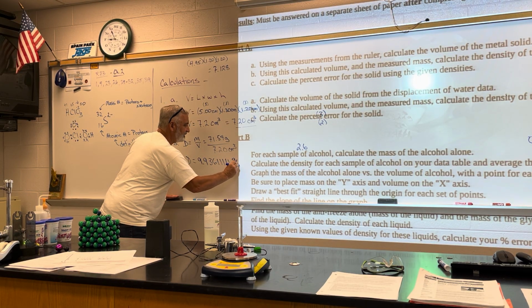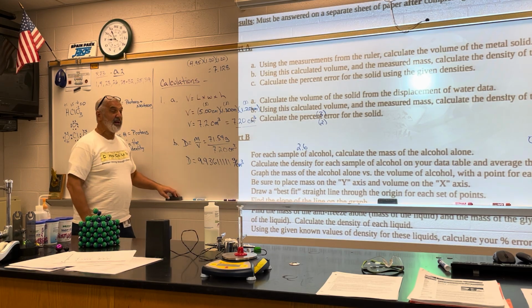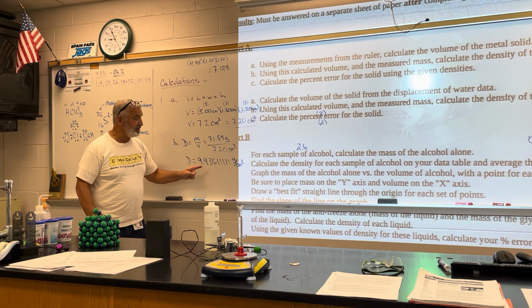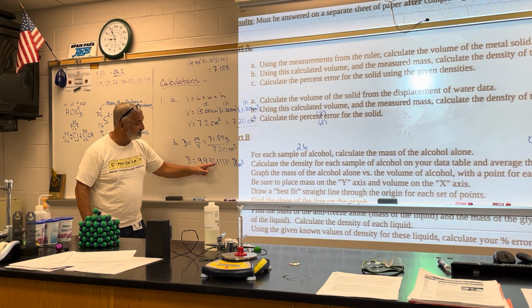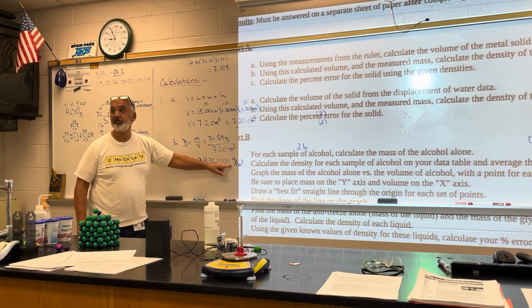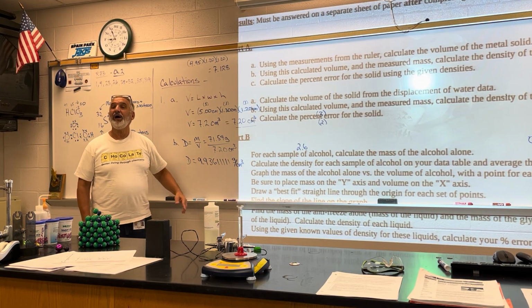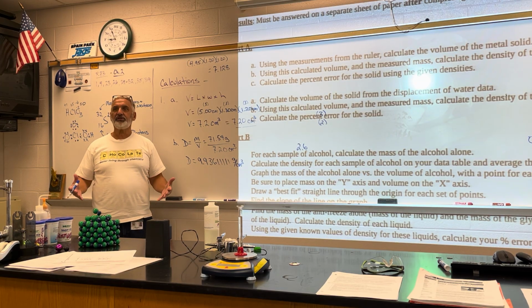Grams per cubic centimeter. Now, based upon our measuring devices, do we really think that we can measure this out to the tens, hundred thousands, millions, 10 millions? Can we measure this out to the 100 millions place? Do you think we measured the density that accurately? No. Well, how accurately did we measure it?